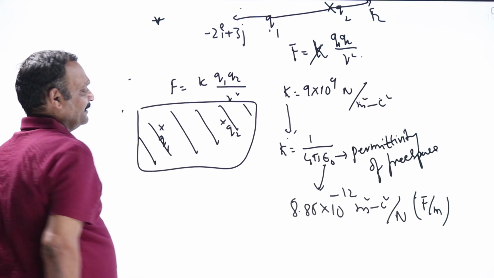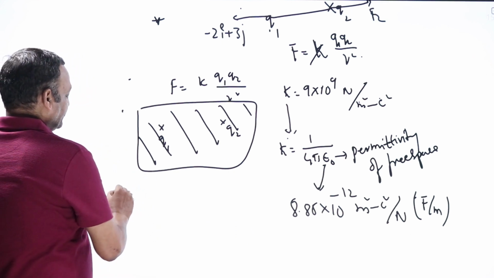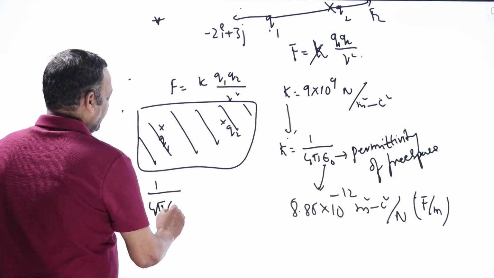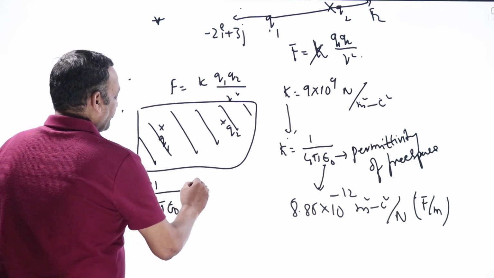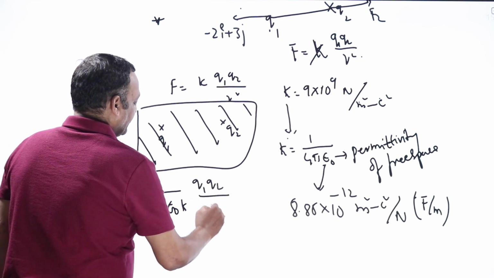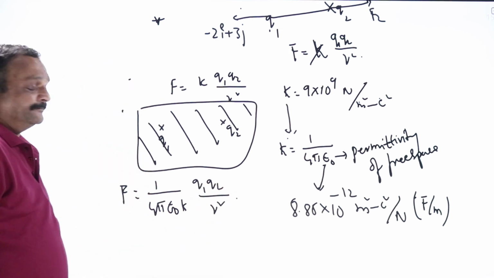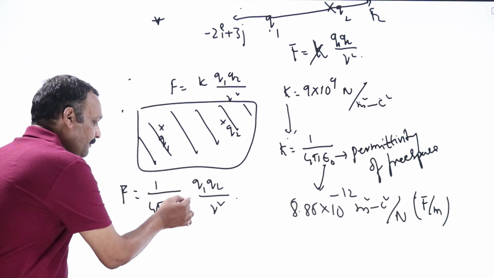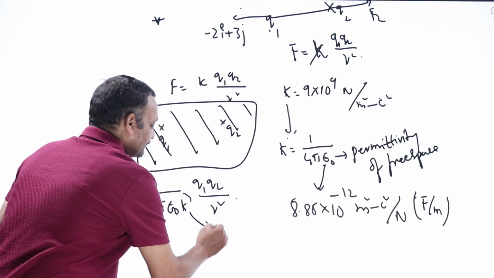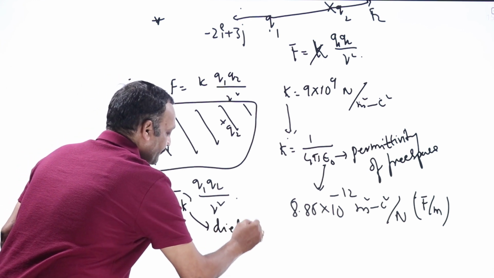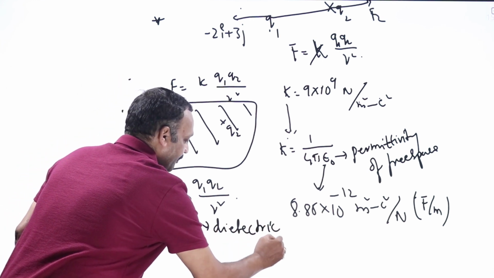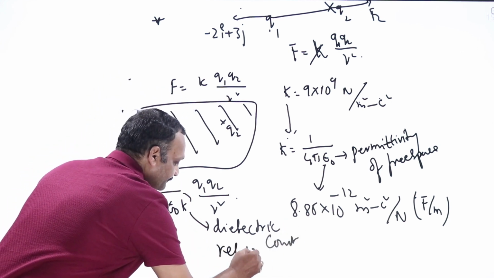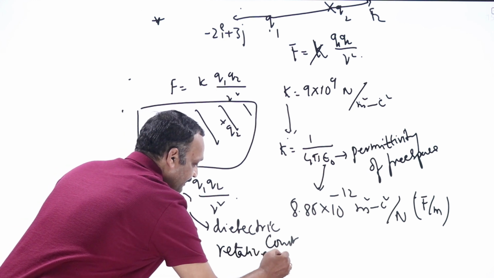In any dielectric medium, the force is written as F equal to 1 by 4 pi epsilon naught into K Q1 Q2 by R square. Here K is a property of the dielectric medium called the dielectric constant, or also the relative permittivity.